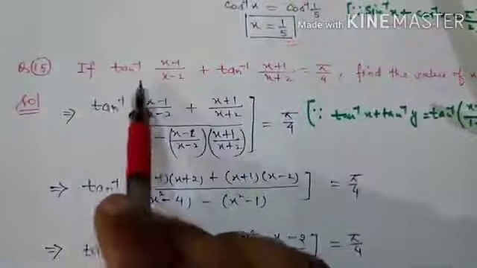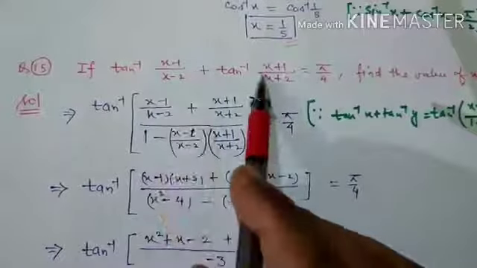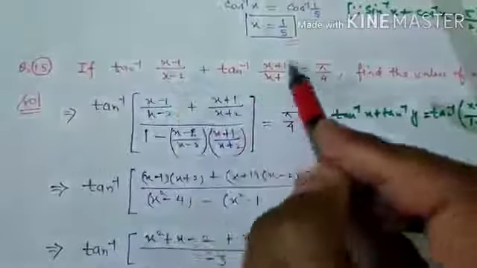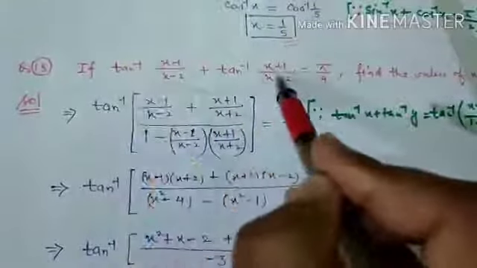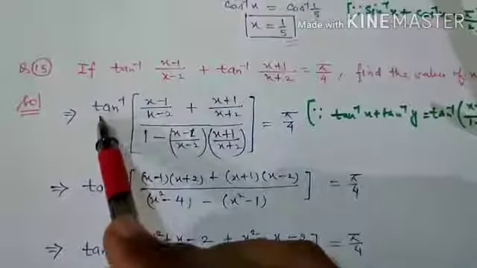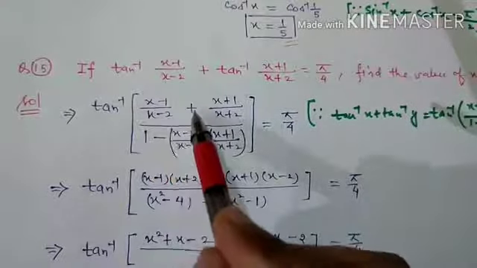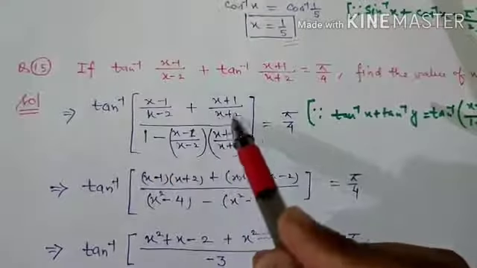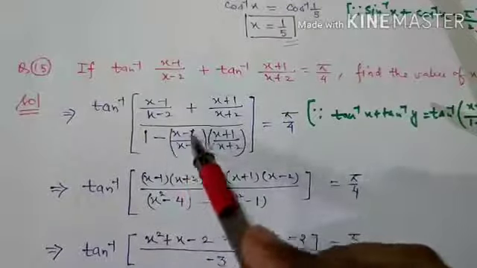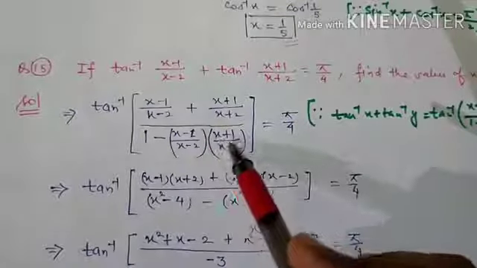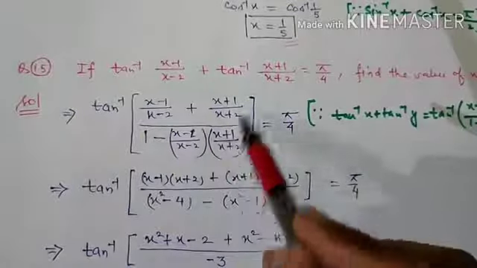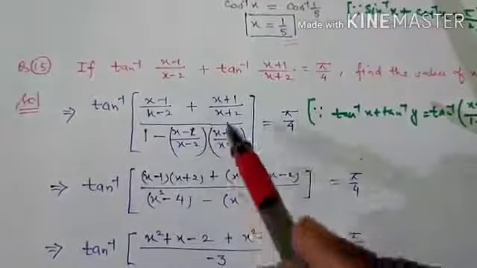So we'll use the tan inverse x plus tan inverse y formula on this side. First of all, tan inverse x plus tan inverse y. So by the formula we can write tan inverse of x minus 1 upon x minus 2 plus x plus 1 upon x plus 2, upon 1 minus x minus 1 upon x minus 2 times x plus 1 upon x plus 2, and is equal to pi by 4.